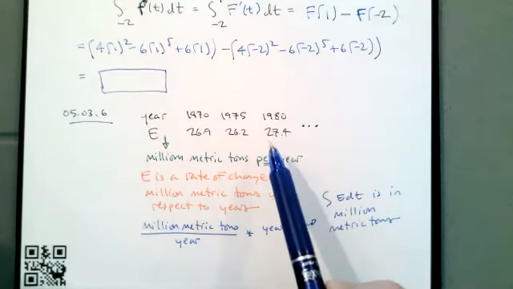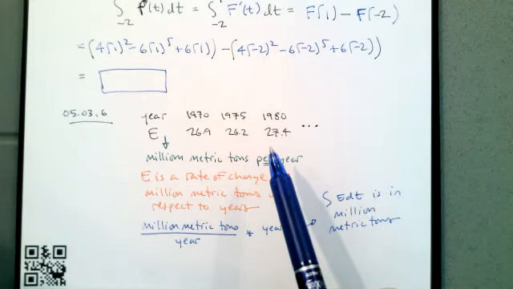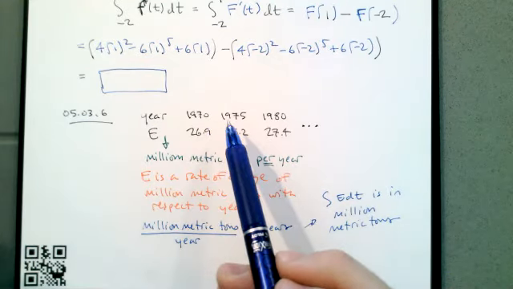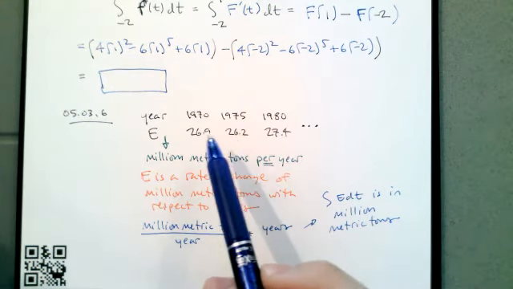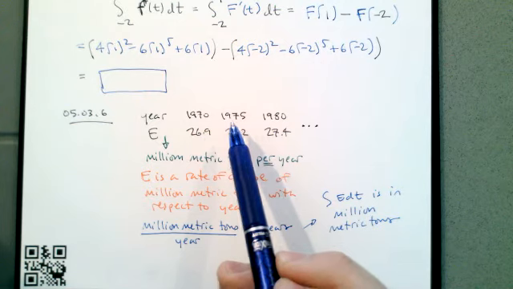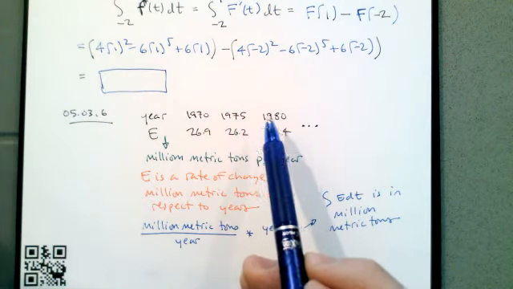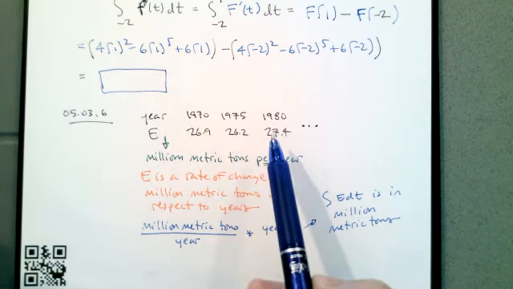If we had specifically requested a lower and an upper bound, from 1970 to 1975 the lower bound is on the right and the upper bound is on the left. But from 1975 to 1980, the lower bound is on the left and the upper bound is on the right.